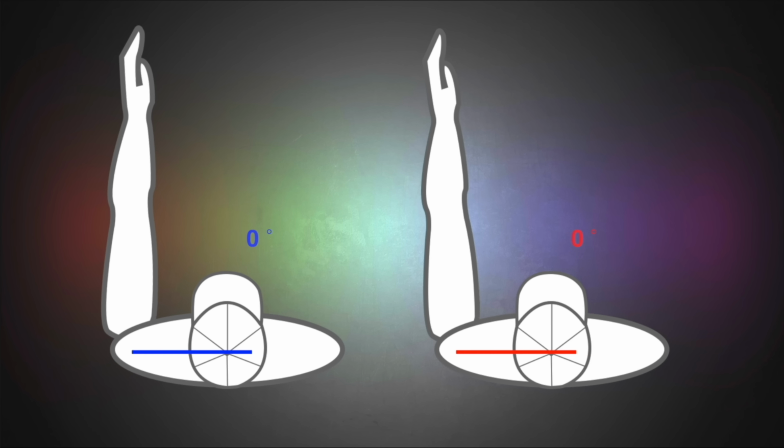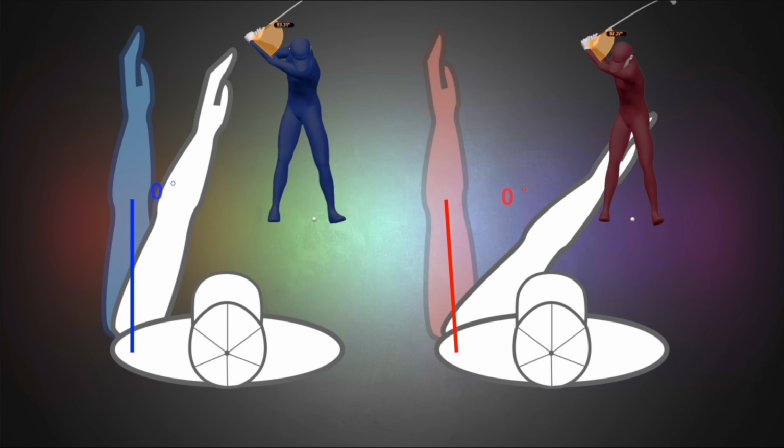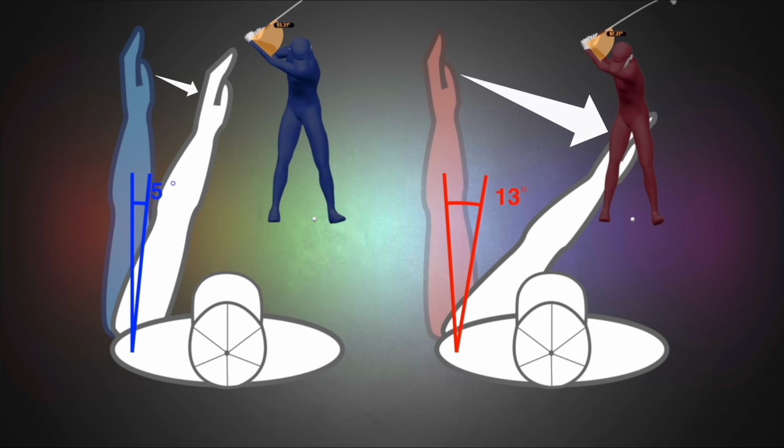So as we see, we're going to go from address to the top of the backswing, right here. And we're going to see a drastic difference between what the overwhelming majority of amateurs do, compared to what the overwhelming majority of professionals do.